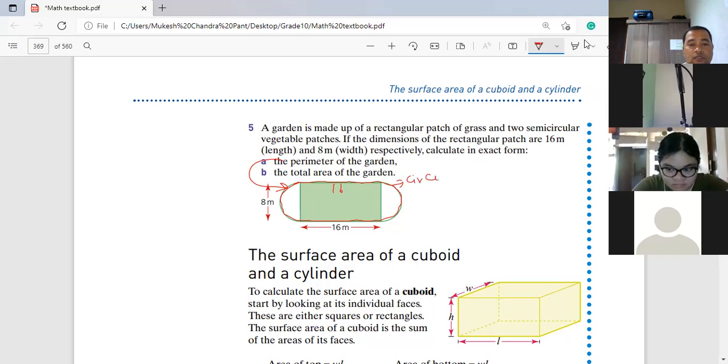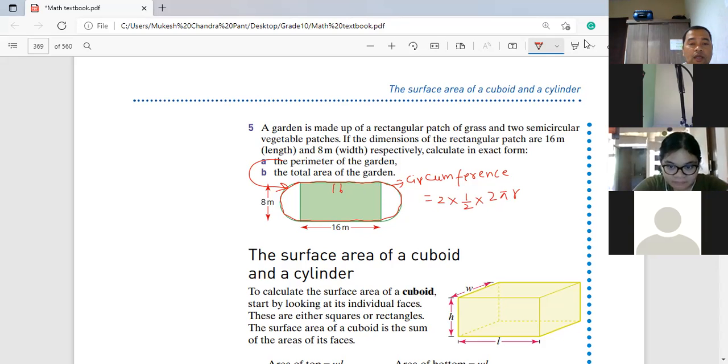We need to find out circumference plus circumference. So there will be two circumferences, 2 times half of the circumference 2 pi r.